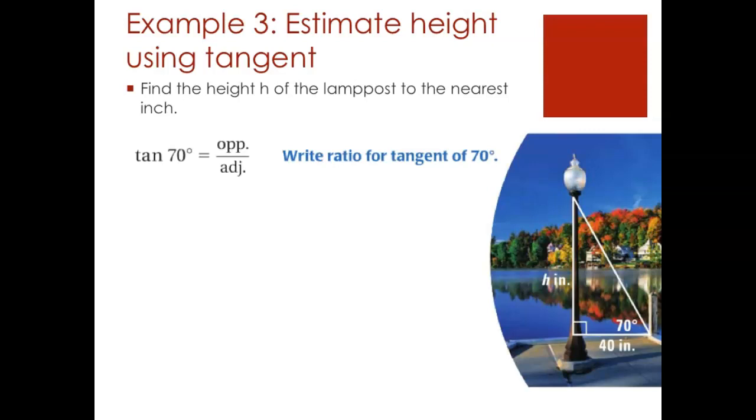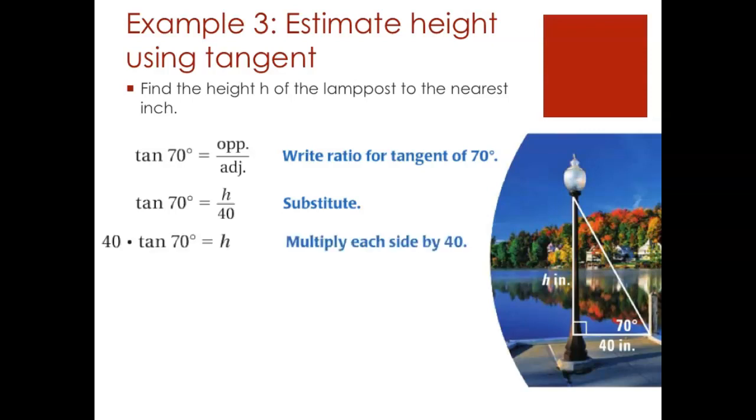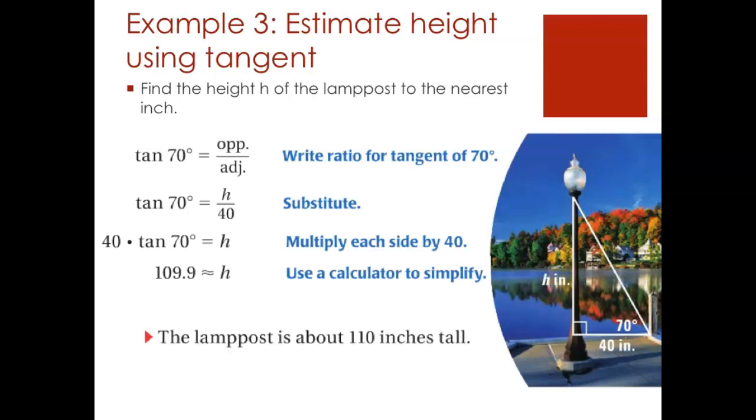Now, the side that is opposite the 70-degree angle is h, that's the height that we're trying to find. And then the leg that is adjacent to the 70-degree angle is 40 inches. So this is equal to h over 40. Solving for h, we multiply both sides by 40, and that gives us 109.9. So it's about 110 inches tall.